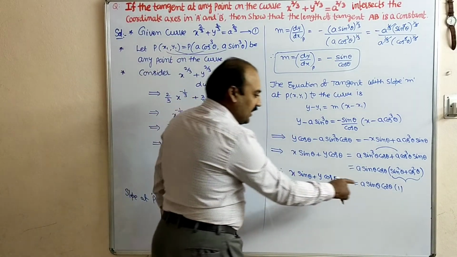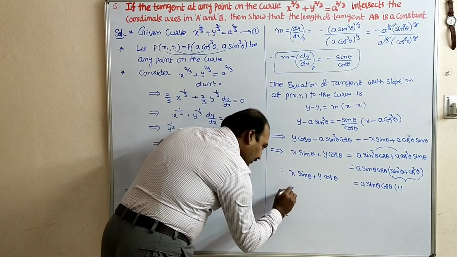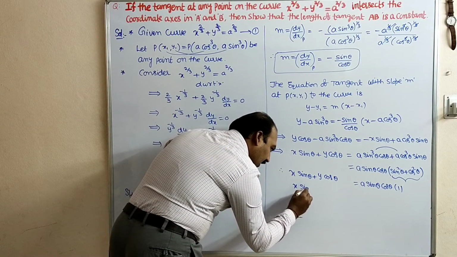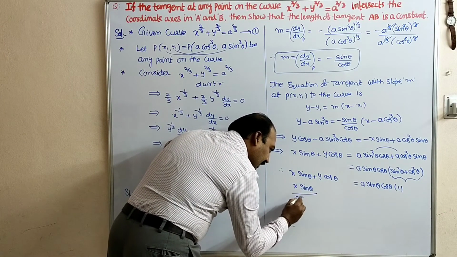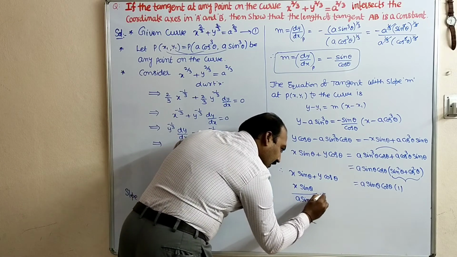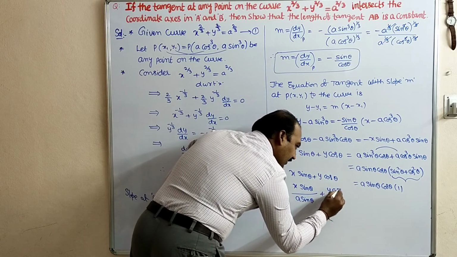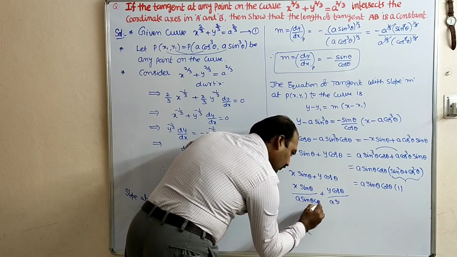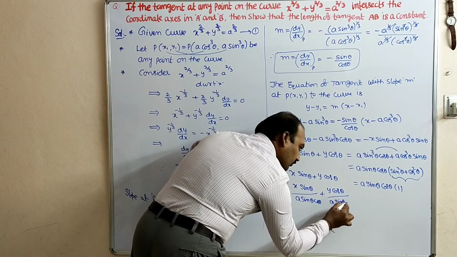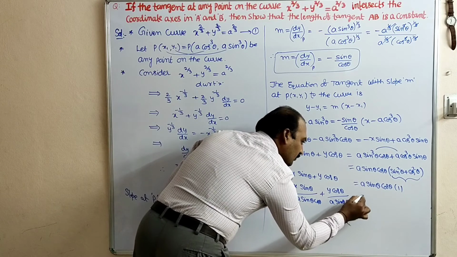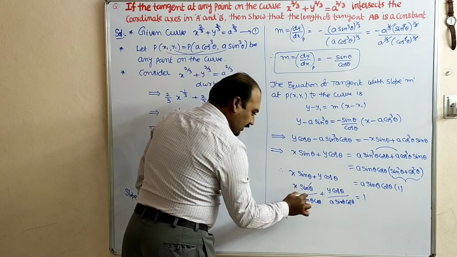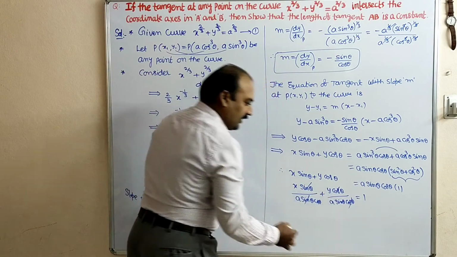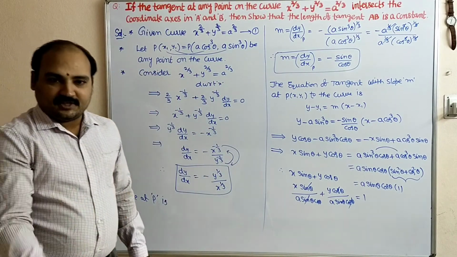Dividing on both sides by a sin theta cos theta: x sin theta divided by a sin theta cos theta plus y cos theta divided by a sin theta cos theta is equal to 1. So here sin theta gets cancelled, cos theta gets cancelled.